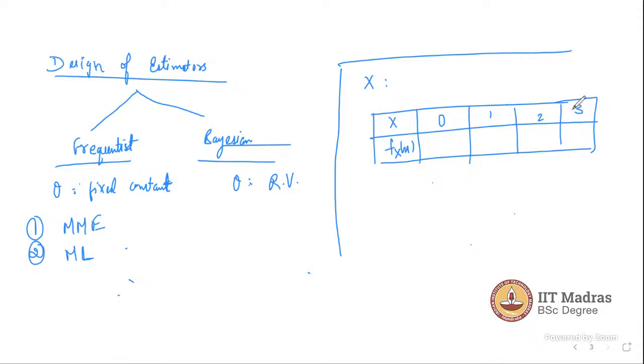The probability that x takes the value 0 is theta by 2. The probability that x takes the value 1 is 1 minus theta by 2. This was theta by 2, and again it was 1 minus theta by 2.